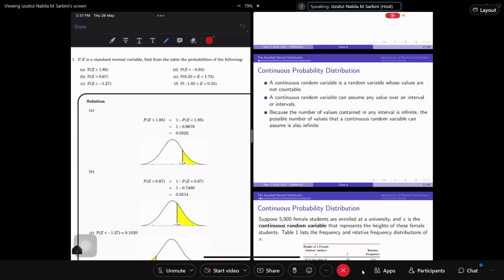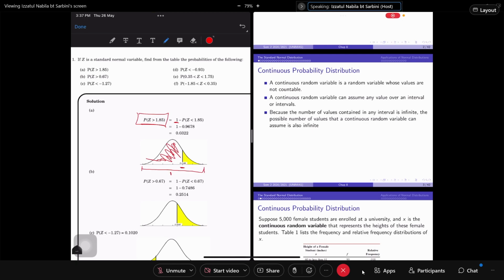question A here, when you want to find the value for Z more than 1.85, if you draw a bell-shaped graph like this, Z 1.85, when you refer to Z 1.85 in the table, it will give you this area. But the question wants you to get Z more than 1.85. That's why you minus it from 1, because the total area under the graph is equal to 1.